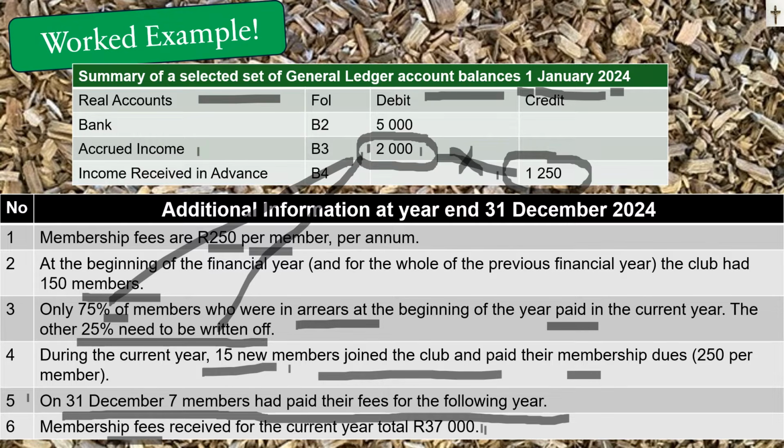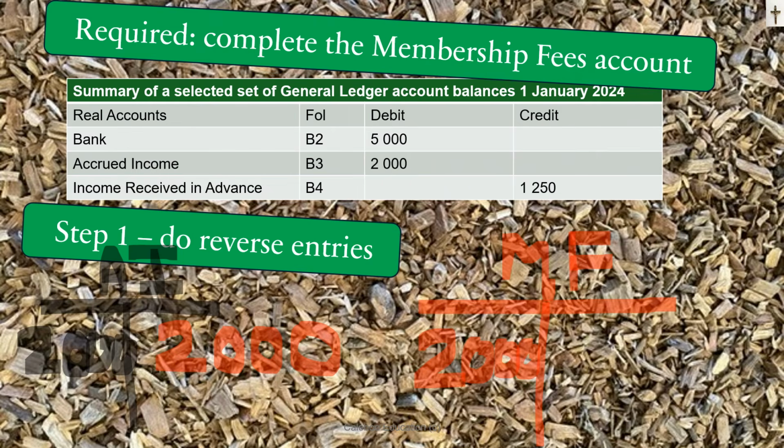Now you're going to have to complete the membership fees account. So the first thing you do is deal with the adjustments from the previous year. This AI in black stands for accrued income. Accrued income has a debit balance because it was an increase in assets. It needs to be closed off, reversed. So we're doing reverse entries.